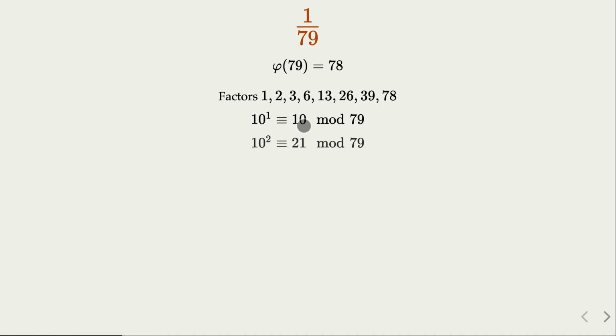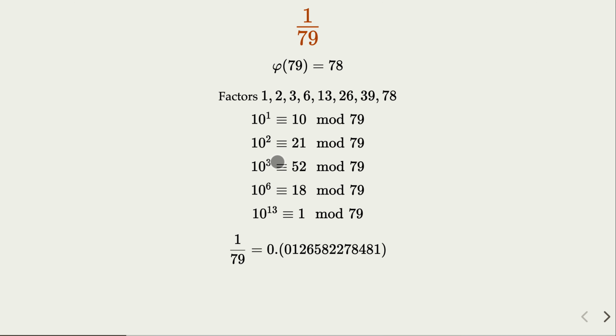Congruent to 10. When it's 2 it is 21, 3 is 52, 6 and 18, 13. Oh, we got it, right? So it's because we try all the factors, because we know k is a factor, and then 10 to the k is congruent to 1, right? So we know that the period length is going to be 13 in this case.